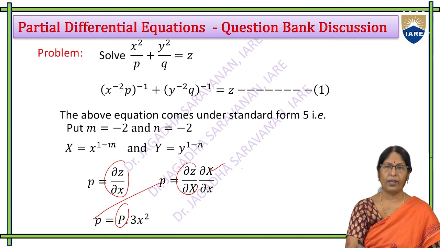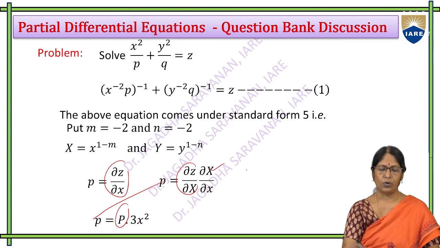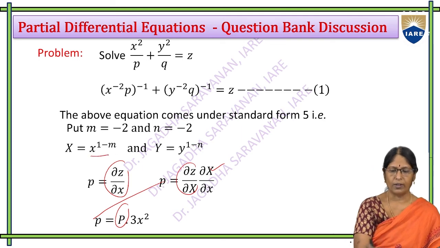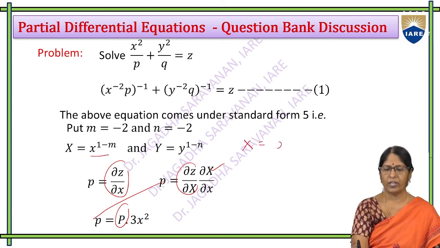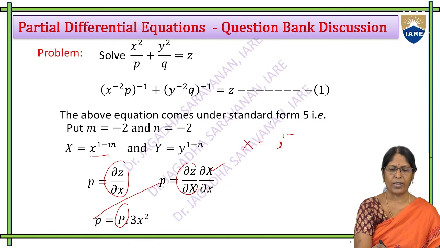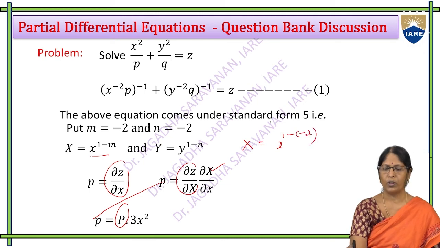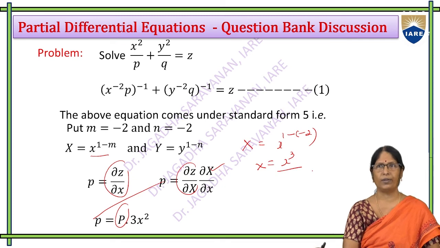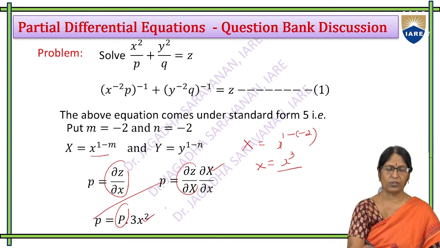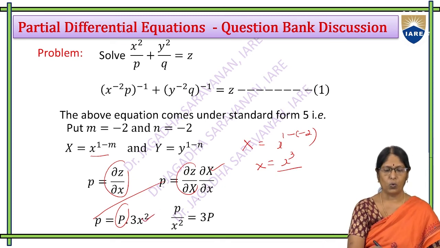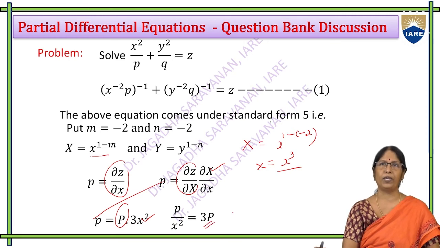Now this capital X with respect to small x we have to differentiate. Before that, here capital X equals x power 1 minus m, where m is minus 2. X power 3 we obtained. This we have to differentiate, 3x square. So we are obtaining P by x square equal to 3p.